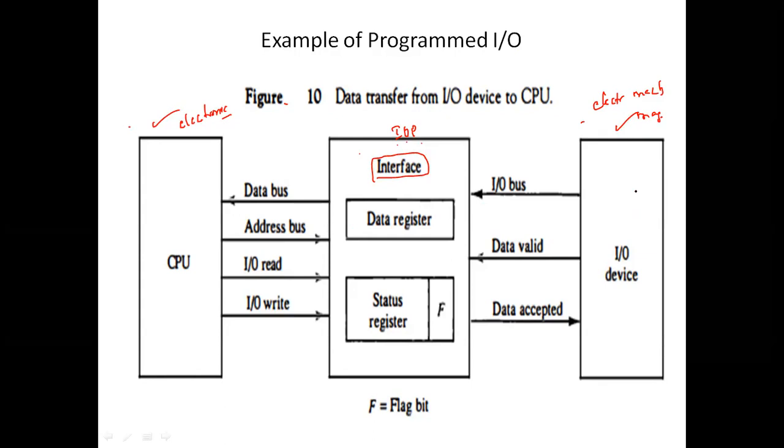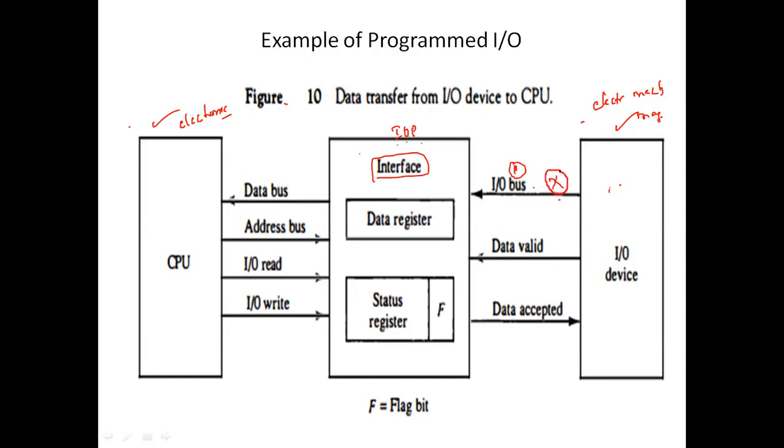Initially, if an IO device wants to send any information to the CPU, first it will activate the IO bus. After activating the IO bus, it wants to send some information X to the CPU.